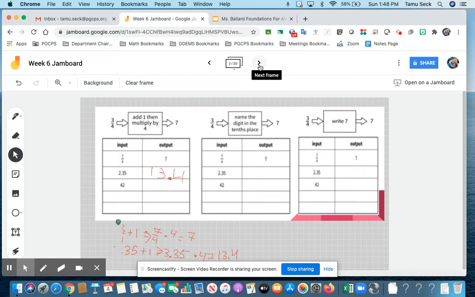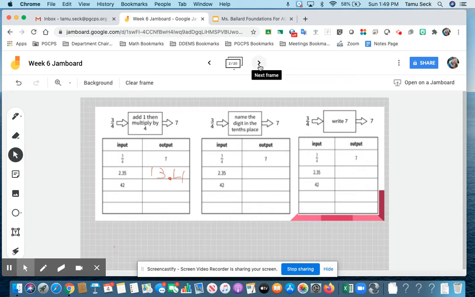For the next one, we're going to take 3/4. Name the digit in the tens place. So the digit in the tens place is 7.